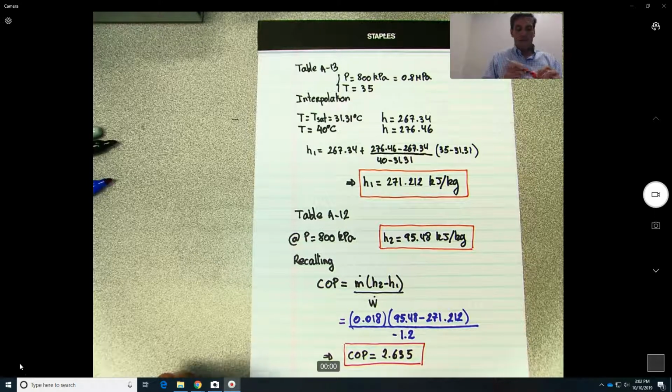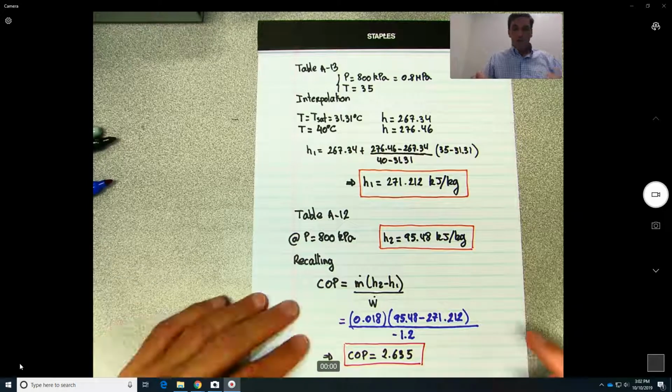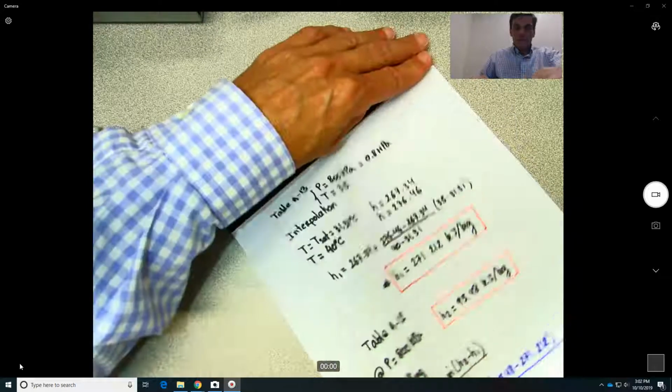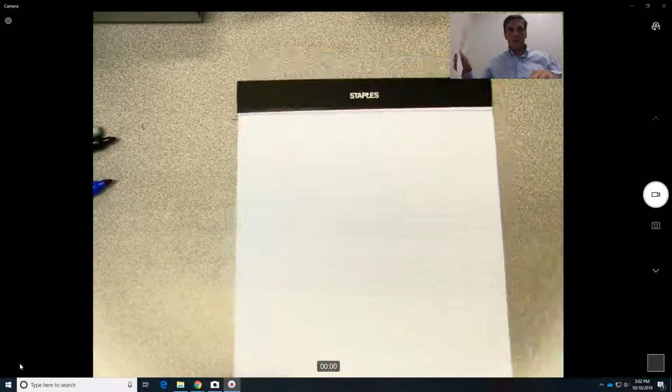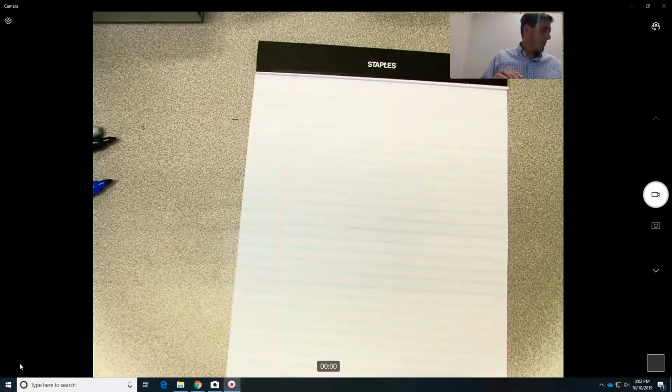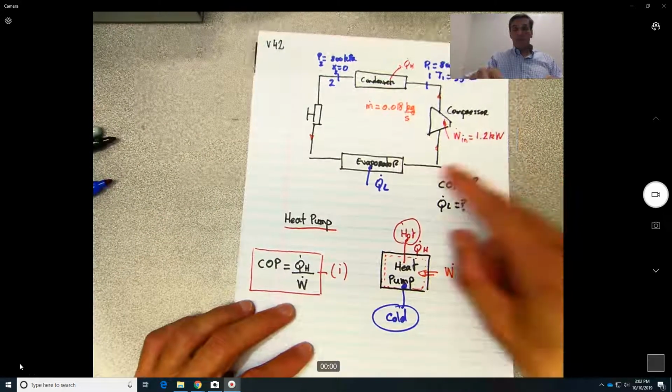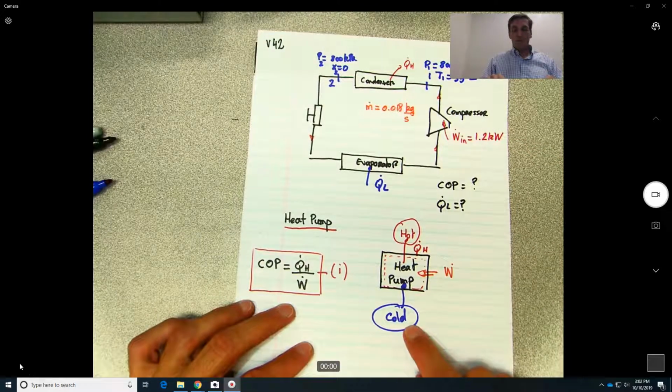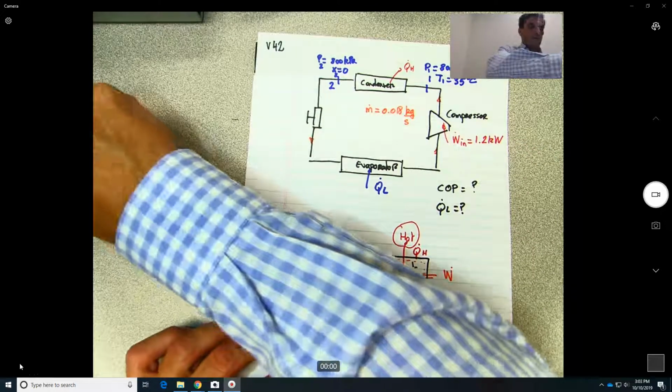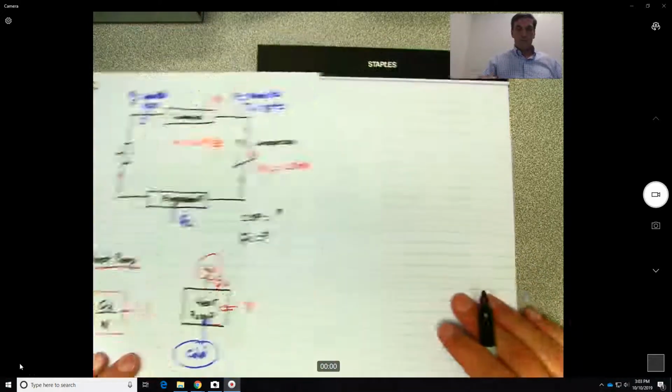All right. So now we need to solve. So let's see what I need to solve for. We need to solve for this Q sub L, which is equivalent to this one over here. So if you look at this figure, what do we know?